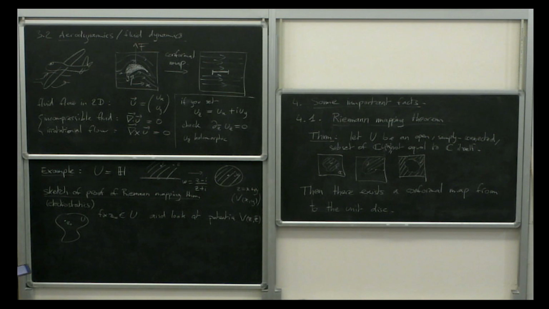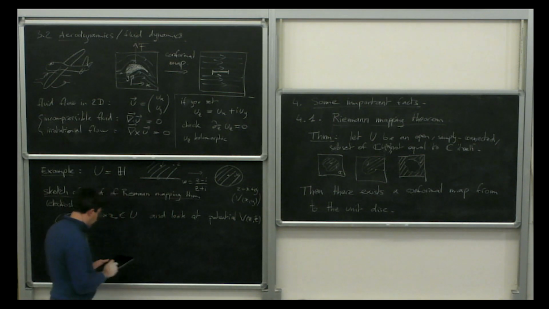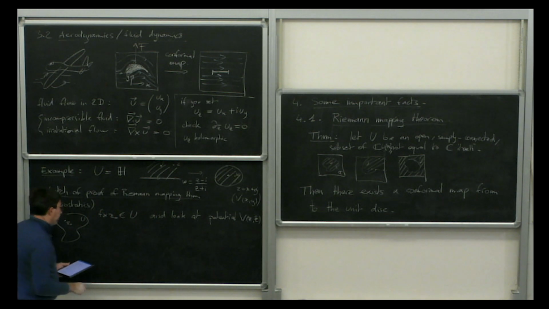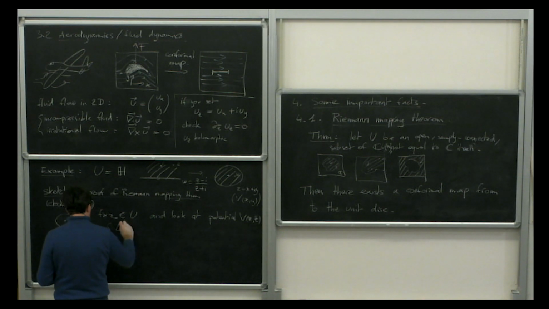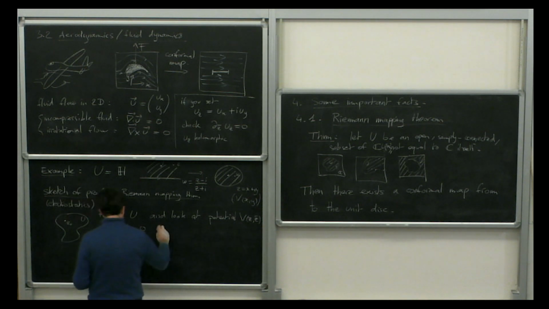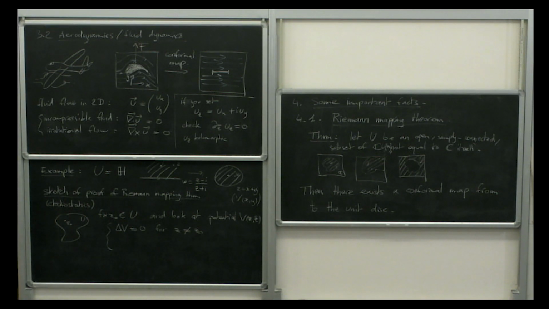So we look at the potential that's created by a point-like charge at z0, and this potential should have the following properties. So first of all, it satisfies the Poisson equation. So the Laplacian of V is 0 away from the charge. So for z different from z0, the Laplacian is 0.